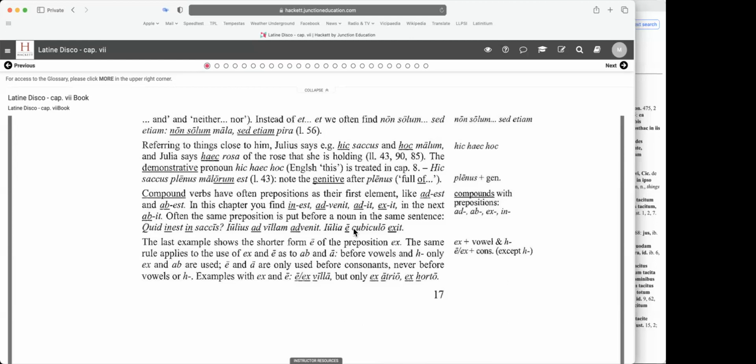So you can construct new verbs from the preposition plus the verb to indicate motion. Julia e cubiculo exit. Julia exits from the bedroom. So you've had all of the words in there; we're just joining them up together.